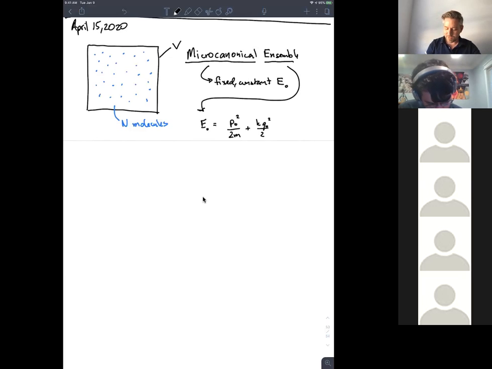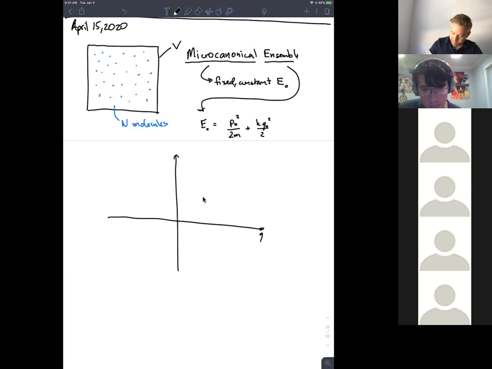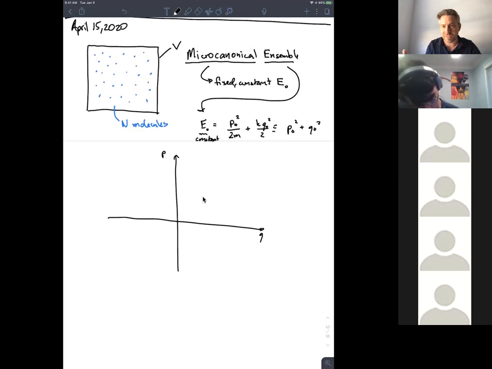So we're interested in all the possible values of P naught and Q naught that will give us this constant energy E. When you plot the behavior of this in phase space, where my coordinates are the positions and the momenta, what you have is some constant that's equal to one variable squared plus another variable squared. In other words, it looks like a circle, or more generally an ellipse.